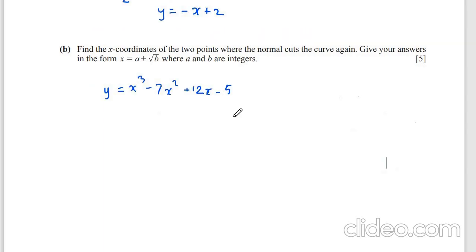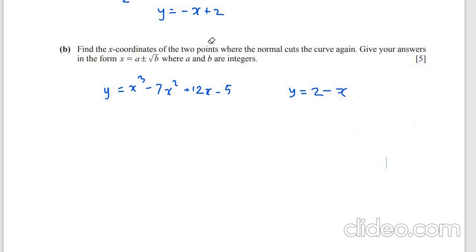Now where the normal and the curve meet, this is the equation of the curve, and the equation of the normal is y equal to minus x plus 2. Now at the point of intersection of these two, we can equate the y values.